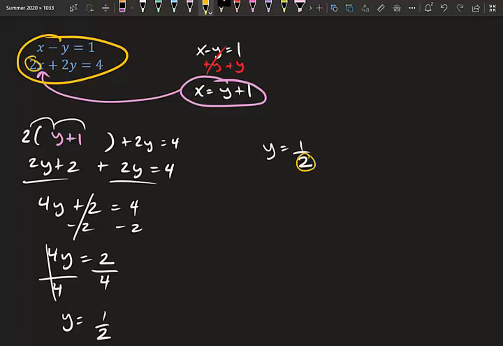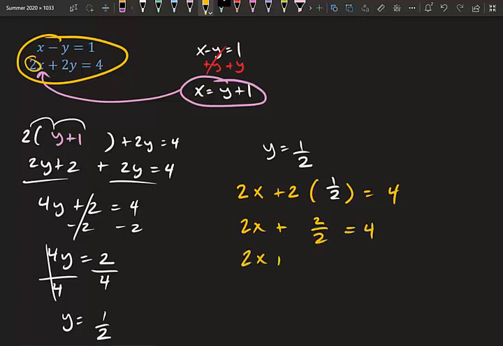That's why I'm plugging it in, because you're going to see what's going to happen when we do that. So we have 2x plus 2y equals 4, and y is 1/2. So we keep simplifying. We have 2x plus 2 over 2 equals 4. We know 2 over 2 is just 1. You see how it got rid of that fraction?